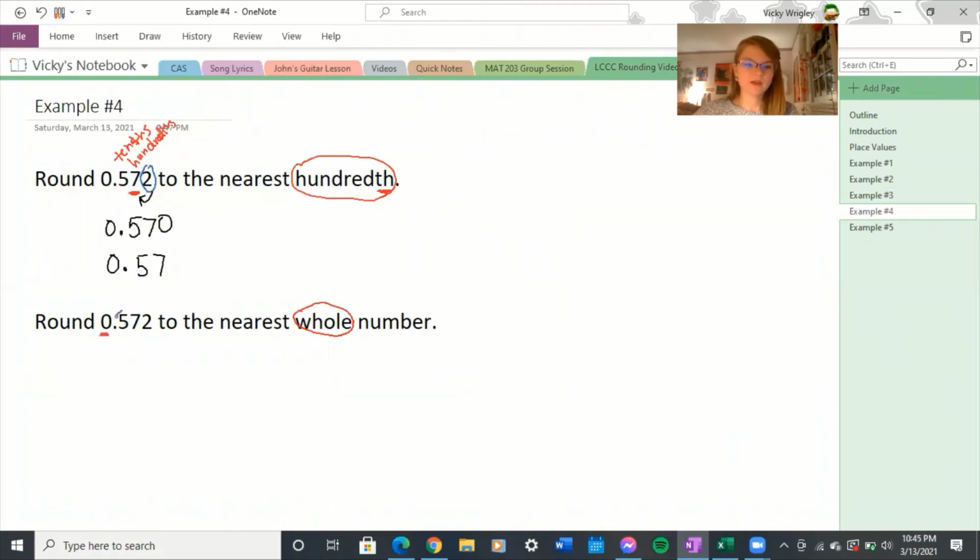So we're going to look at this guy here. It's 5 or above. Give it a shove. The 0 is going to round up to 1. And then everything else goes to zeros. But this you can just write as 1.